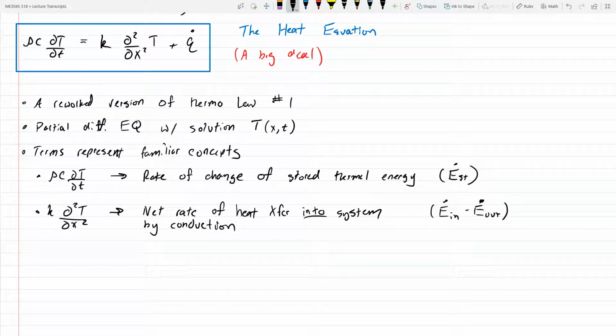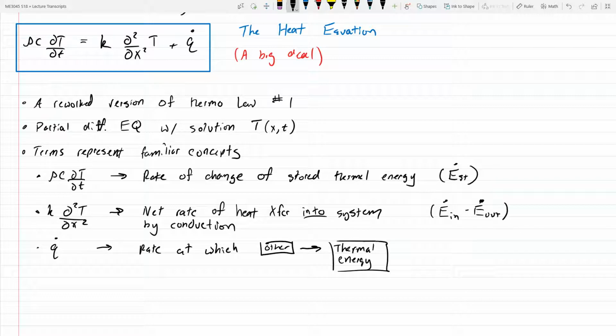And then finally, the q dot. Our q dot is the rate at which our other energy box turns into thermal energy inside the volume.